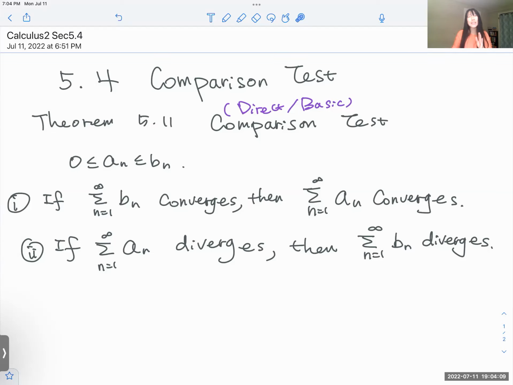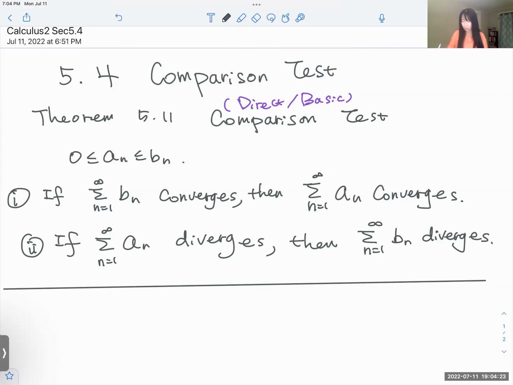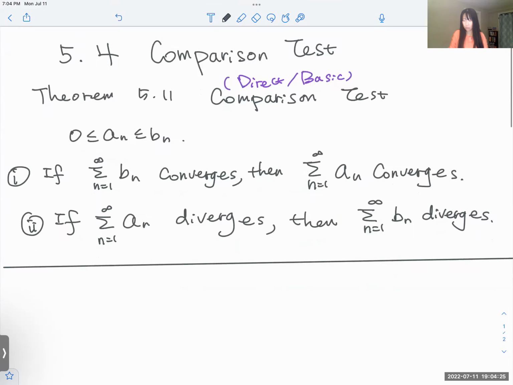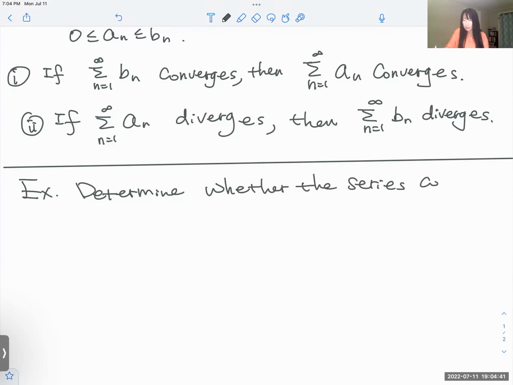All right, so we're going to set it up with the given information. So look, we have: determine whether the series converges or diverges.